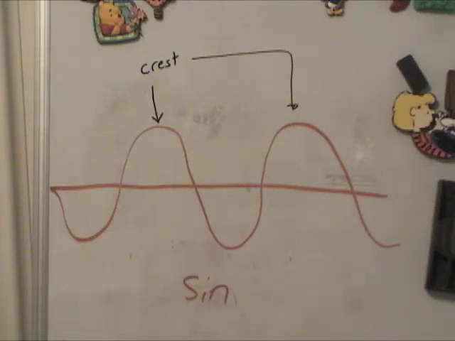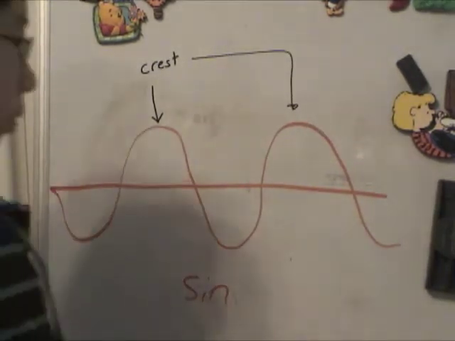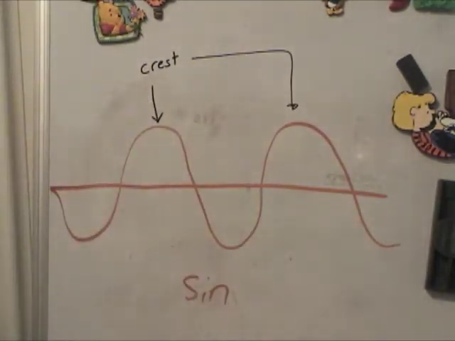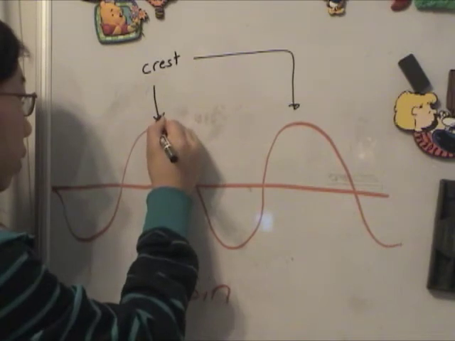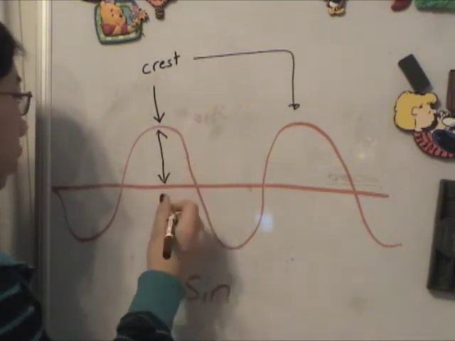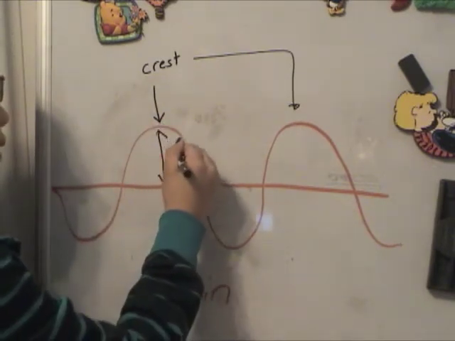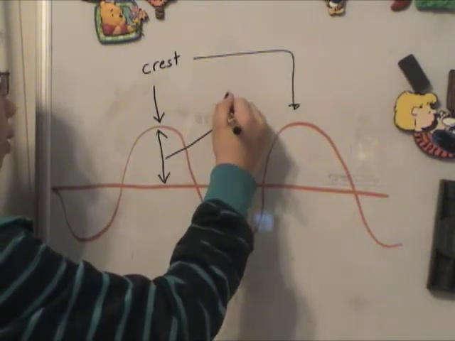So that's the crest at the very top, and the line going through it is just where it crosses 0 if you're graphing sine, or it's just where the middle of the wave is. That is called amplitude.